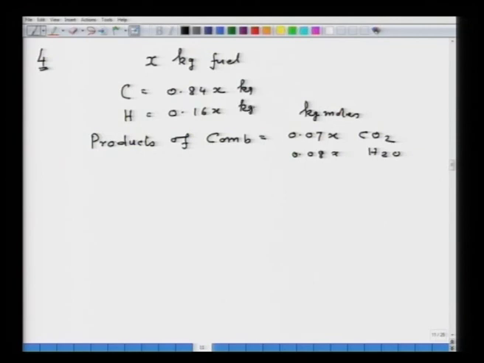So, once you know the products of combustion, then you have to calculate the amount of flue gas.